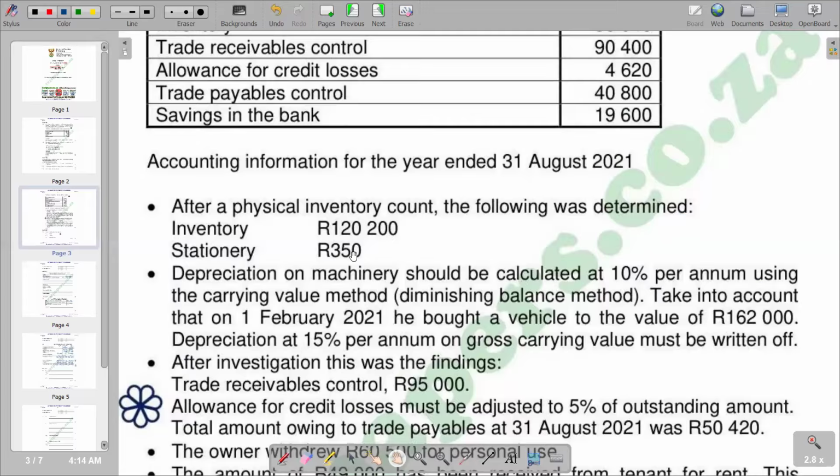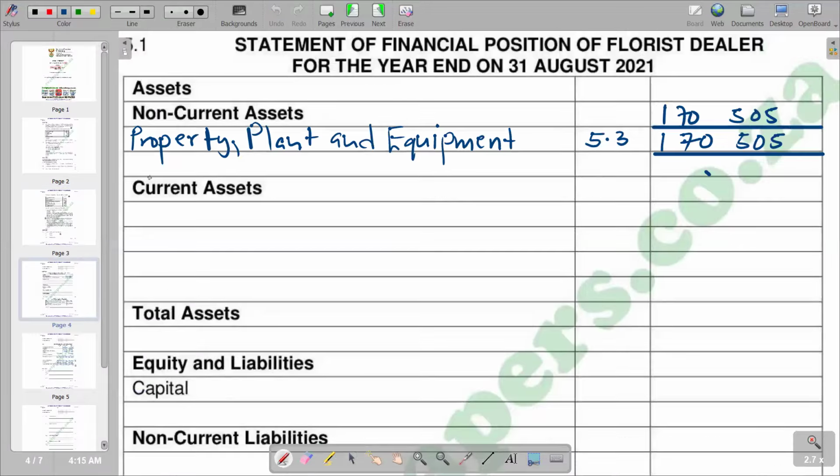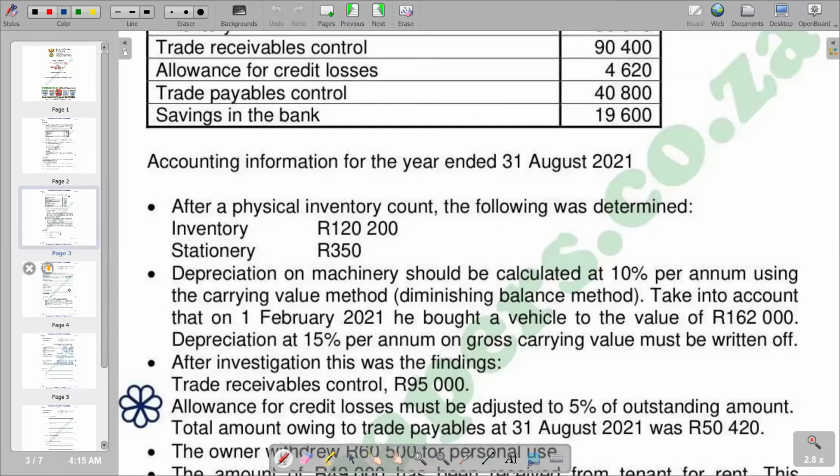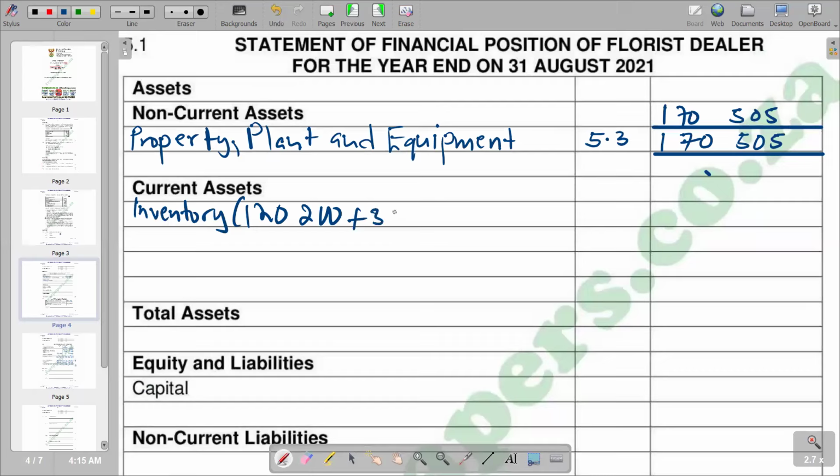So we add the two to get the total for inventory. So we come here, we say inventory, whereby you have 120,200, and we add 350. So if we add, we are going to get 120,550.